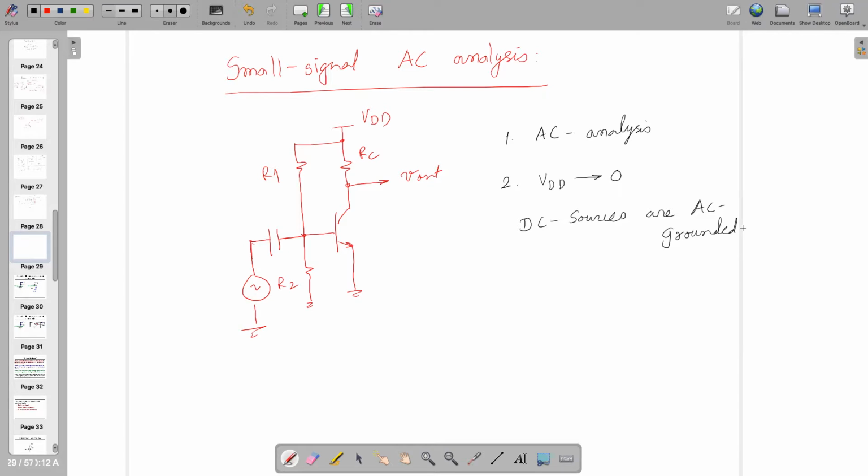Any doubt? Yes, Suraj, you got the answer, right? You have not started, right? So you have to replace the BJT with the small signal model known to you.